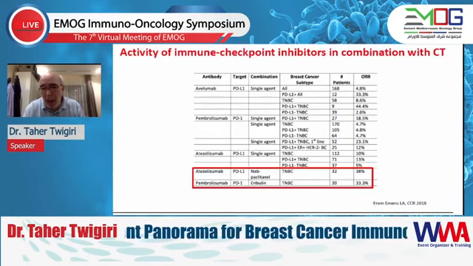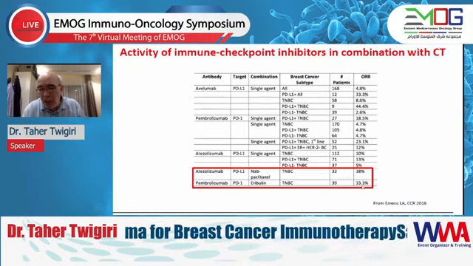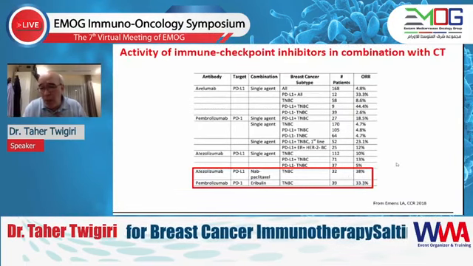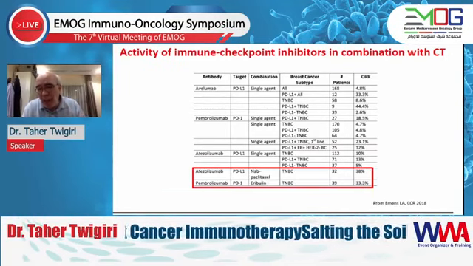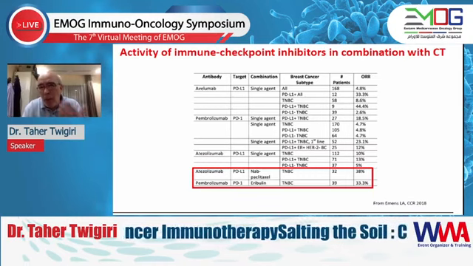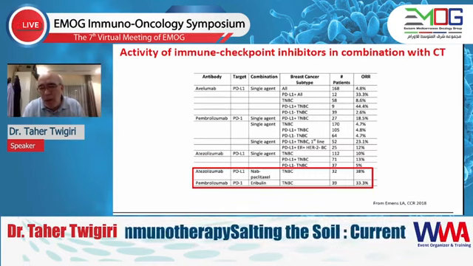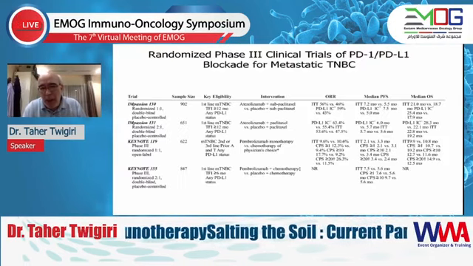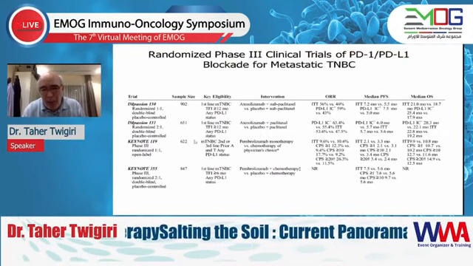triple-negative disease. Now, again, when they add chemotherapy, the overall response rate increases to 38 and 32, which in my opinion is not helpful, given that the overall response rate in monotherapy, either Atezo or Pembro, is very, very small. Now, let's look at the randomized clinical trials, and I will go very fast about that.